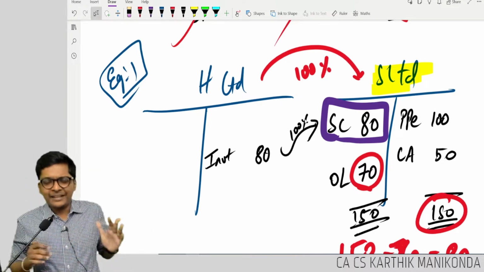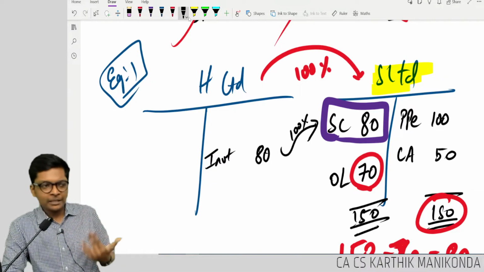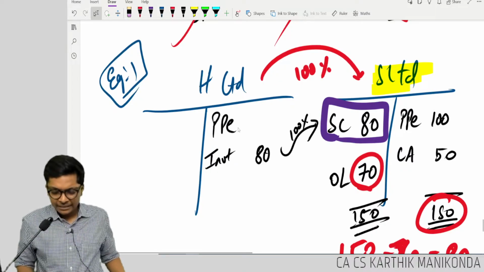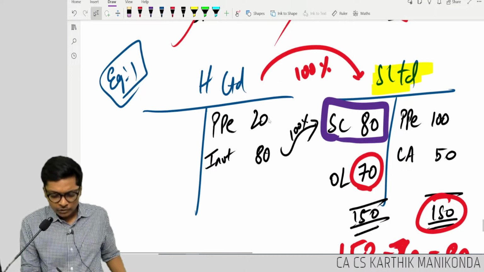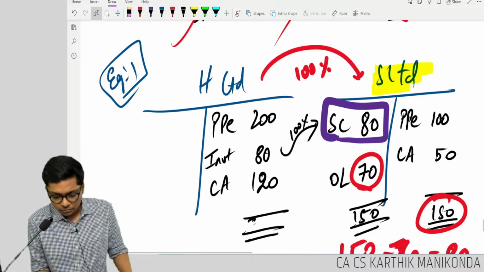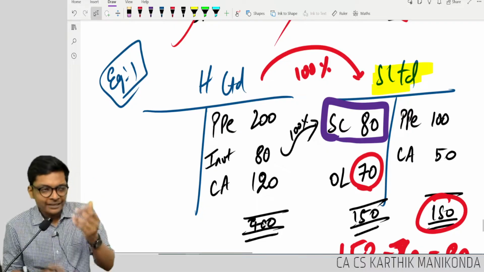Let me fill the other values at random. I am going to use the same numbers in all the examples. I will only introduce and change small numbers. Here PPE, let's keep it at 200. Current assets, let's keep it at 120. What is the balance sheet total here? 400. Sir, how did the numbers come? From my mind, randomly I am writing.